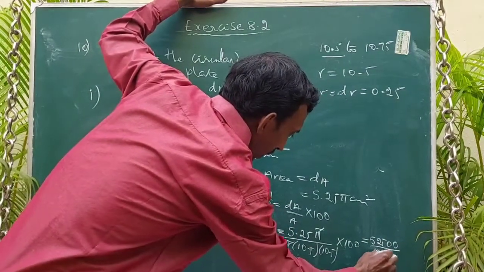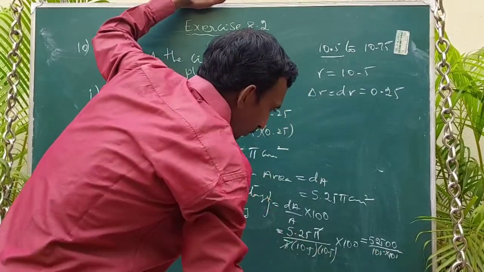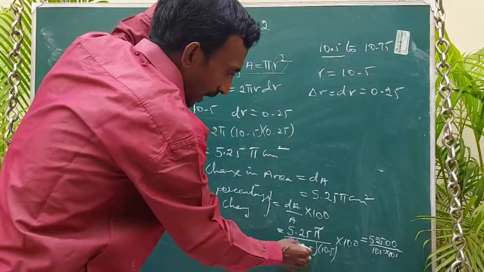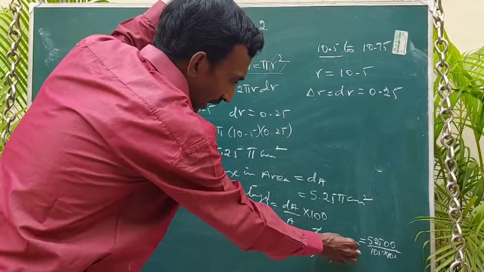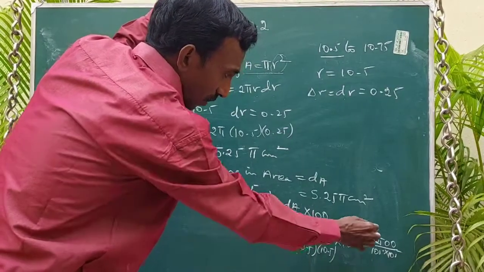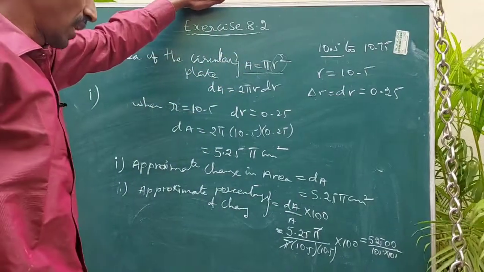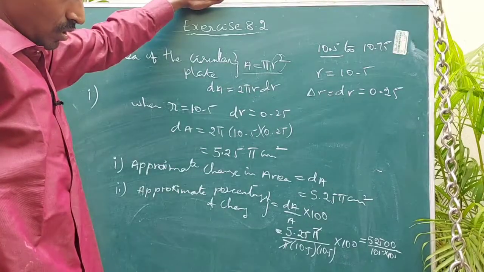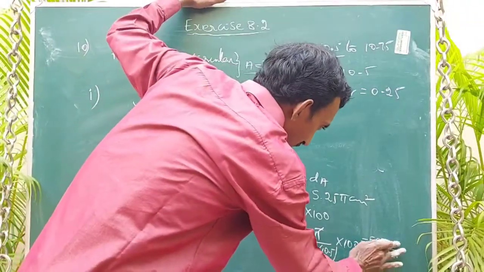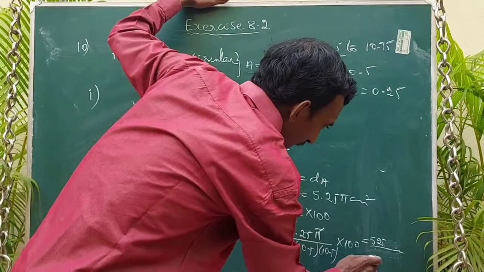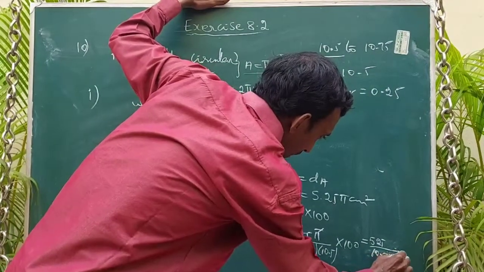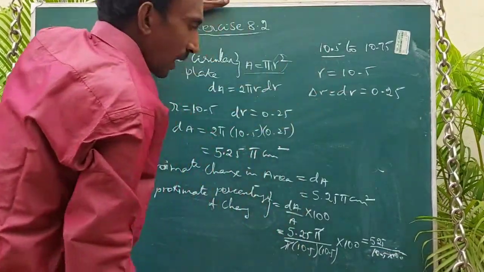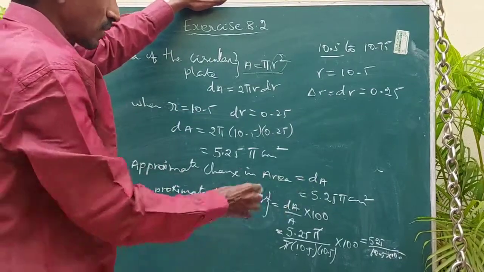So we write 525 over 105 into 105, with 2 decimal places. Here into 100, we multiply by 100 in the numerator, or you can just find 525 by 10.5 into 10.5. Find it approximately.